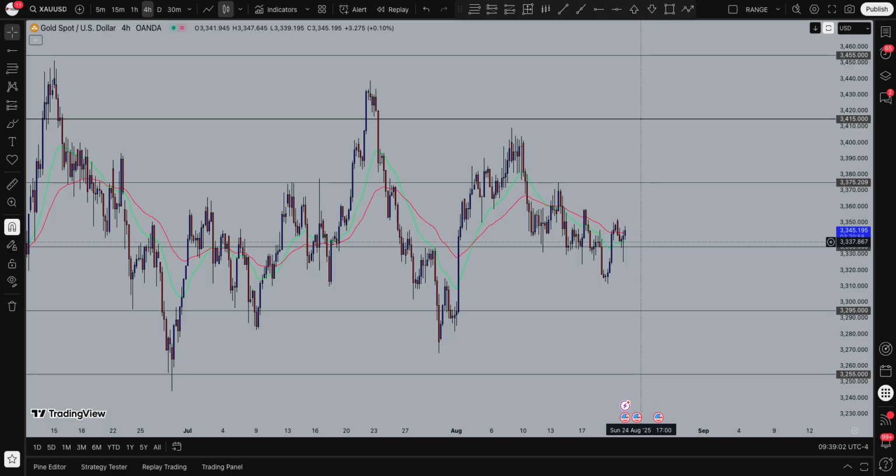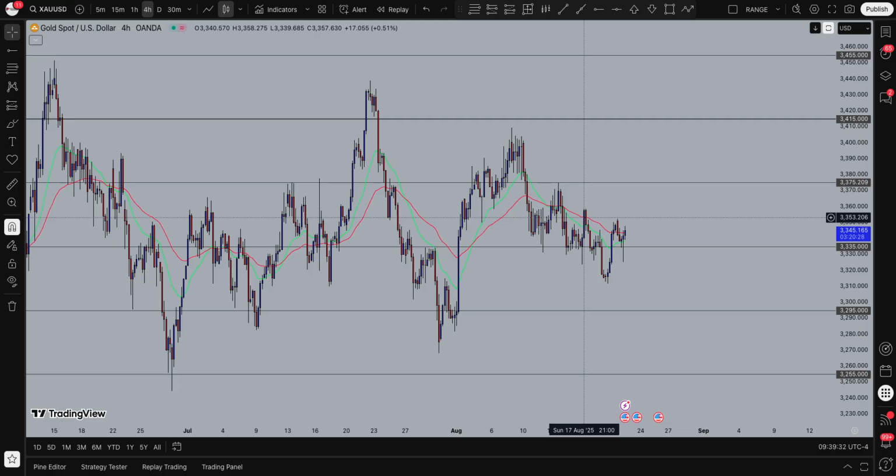With the EMA, at face value, you want your green EMA to be above the red EMA if you're looking for a bullish trend, and vice versa. If green is below red, so if your shorter EMA is below your longer EMA, you should be looking for a sell. Now, it's very situational.